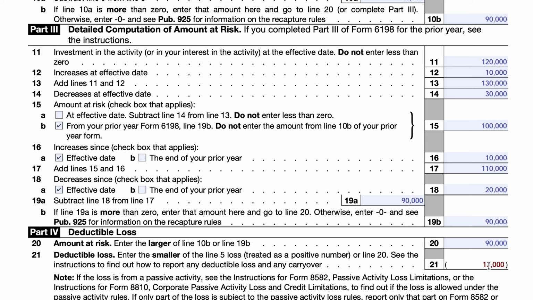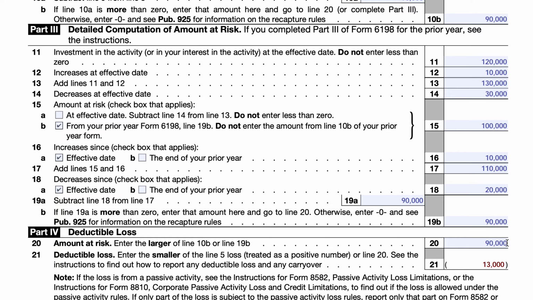Generally speaking, it looks like any disallowed portions would be carried forward to the next year, but the form instructions do defer to the specific tax return instructions.